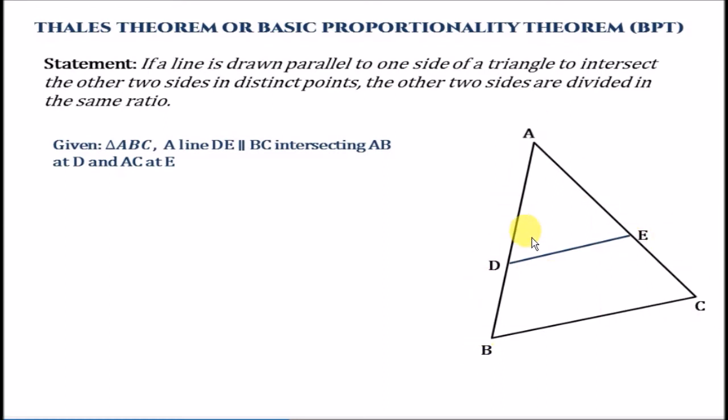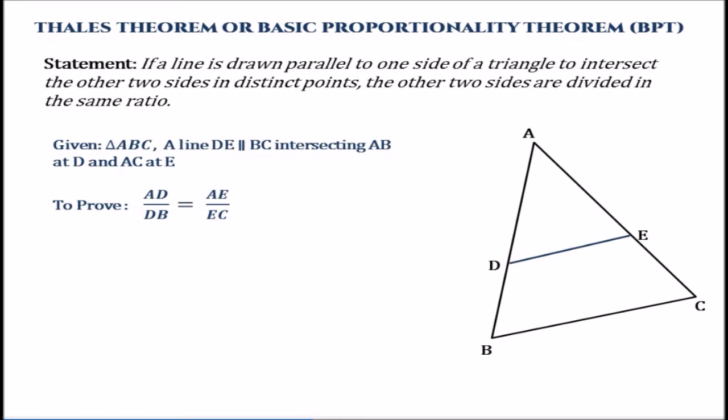DE is dividing AB into two parts as AD and DB, and AC into two parts as AE and EC. We need to prove that the ratio of these parts are equal. So we need to prove AD by DB equals AE by EC.